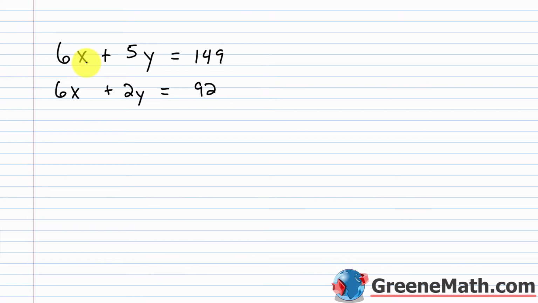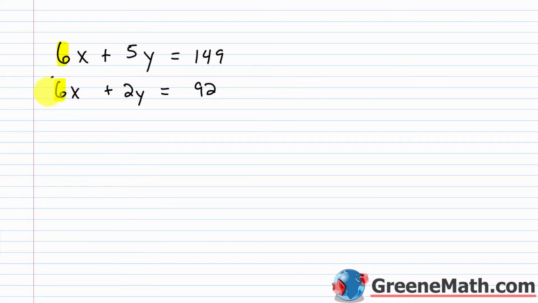What I need to do is make a slight modification. You can see that the coefficient of x is 6 here and 6 here. So if I multiplied one of these equations, both sides by -1, one of these would turn into -6 and one would be +6. And so when we did our addition, the x variable would drop out.